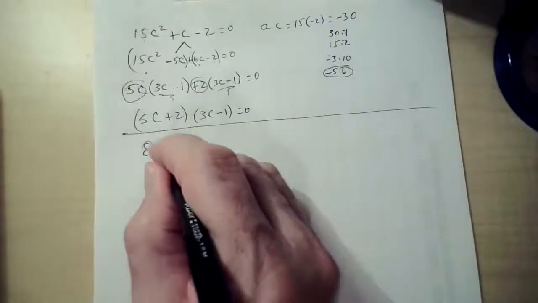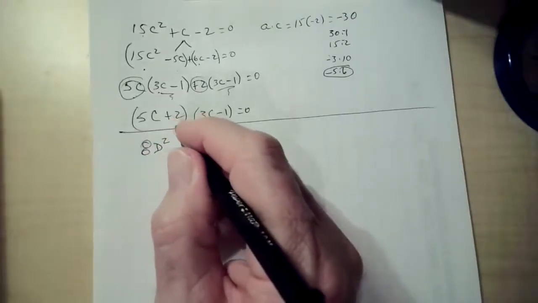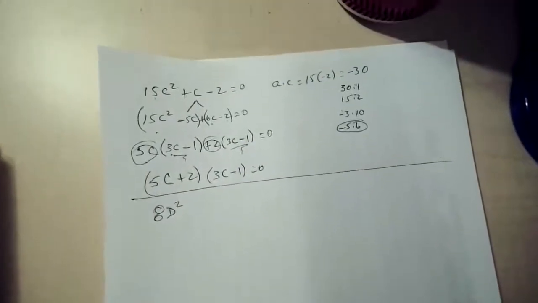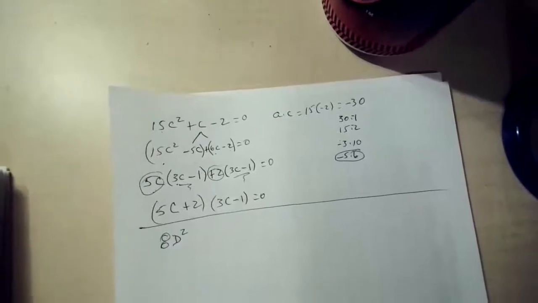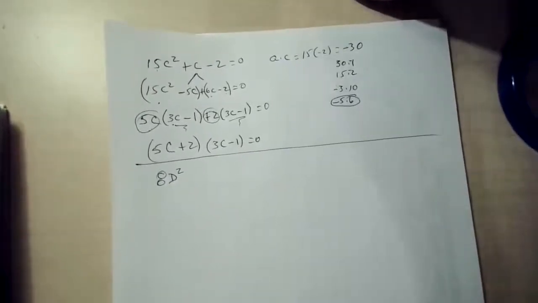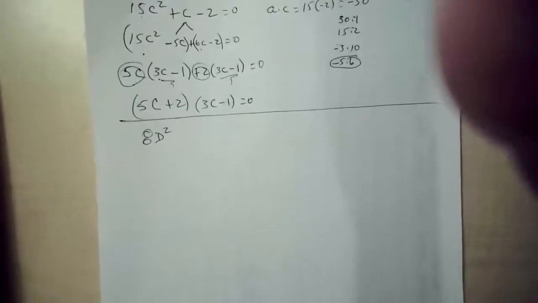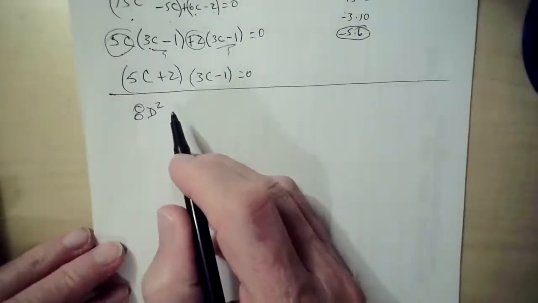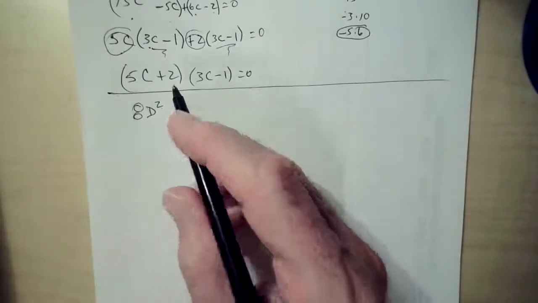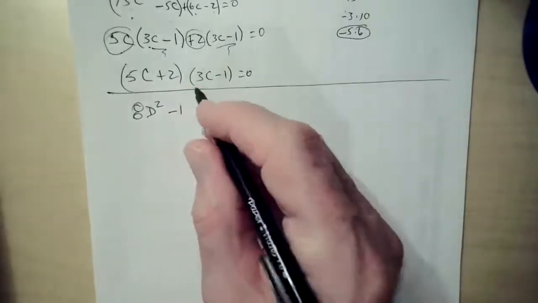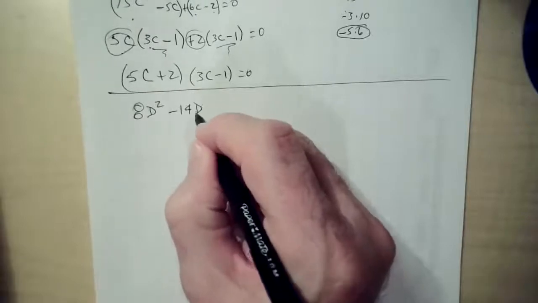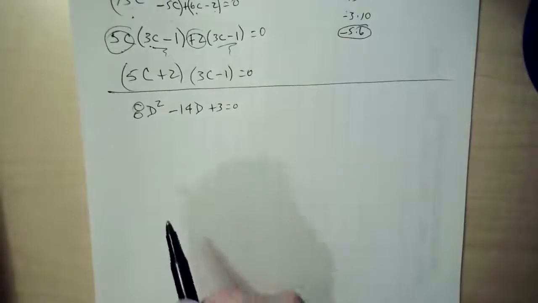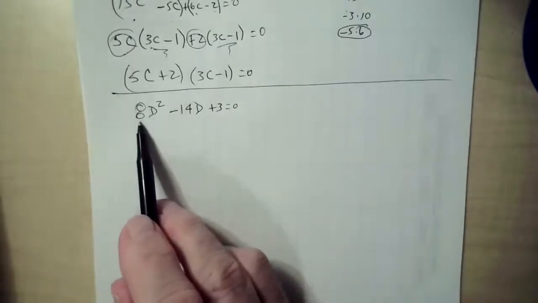Okay, 8d squared minus 14d plus 3 equals 0.